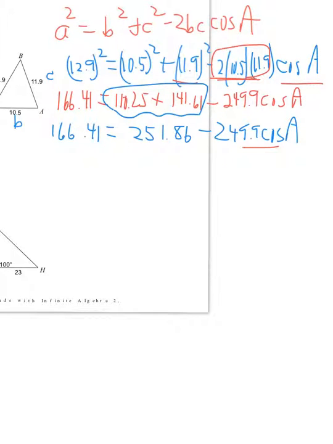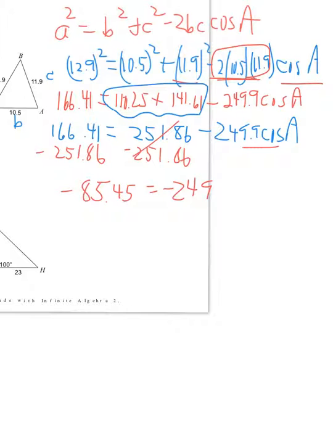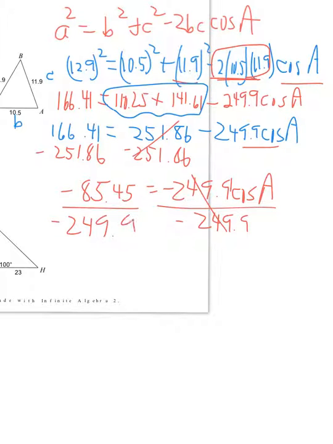So your next step is to minus your 251.86 from both sides. So negative 85.45 is equal to negative 249.9 cosine A. Now I got to undo that multiplying by cosine A, so I divide by negative 249.9, divide by negative 249.9.